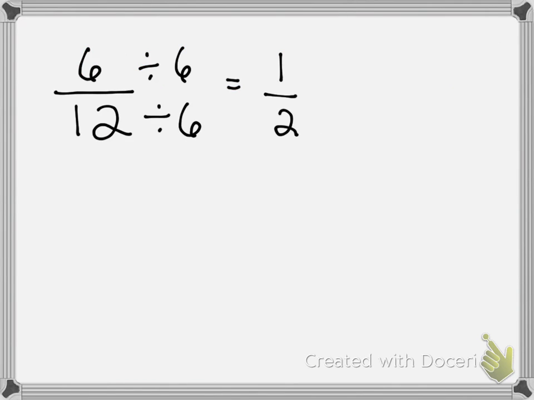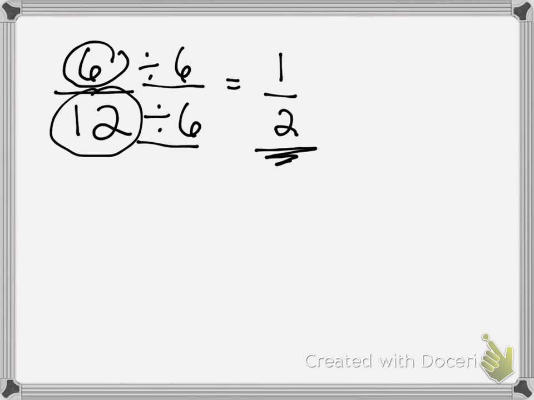We first want to simplify 6/12, and we are going to find the largest number that we can divide the numerator and the denominator by, and this would be 6. We divide the top and the bottom by 6, and we get the simplified and equivalent fraction 1/2.